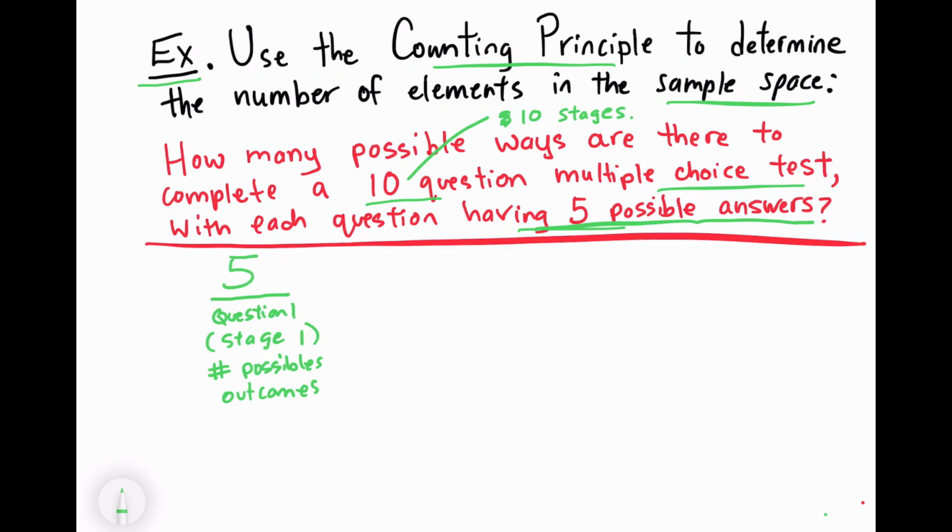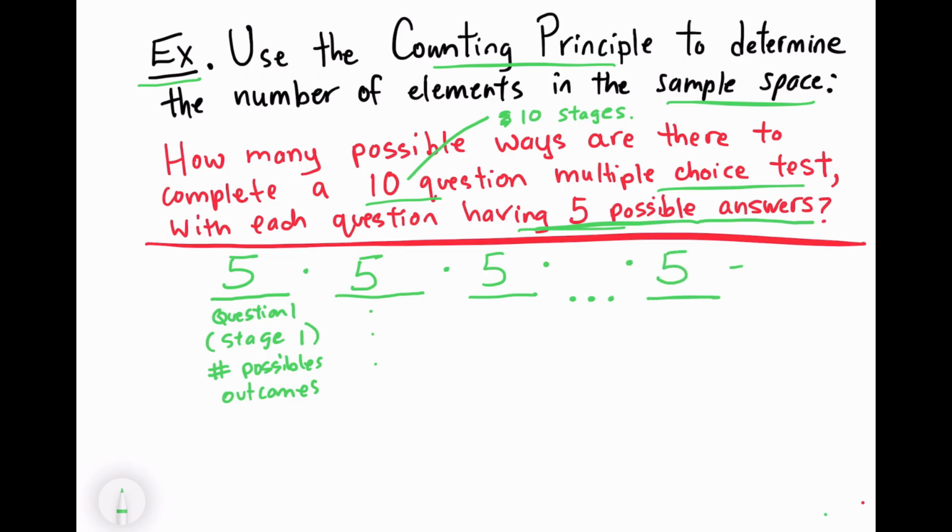So that's 5 possible outcomes. Same thing with question number 2, or stage 2. The number of possible answers is the same, still 5. And we can keep going like this, right? Each question has 5 possible answers all the way down to the 10th question.